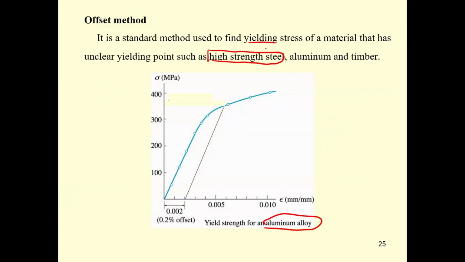Then you have to use the 0.2% offset, and 0.2% is 0.2 divided by 100. That is 0.002. You take it at 0.002, draw a line parallel to the graph, then you mark it. You will get this point to be the yielding of this aluminum alloy.